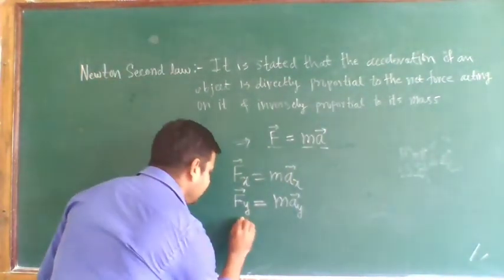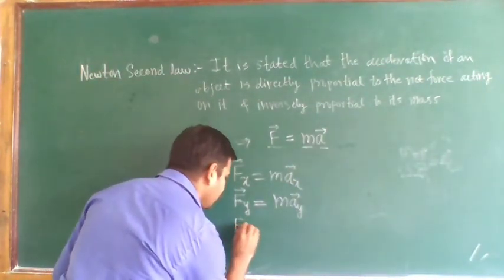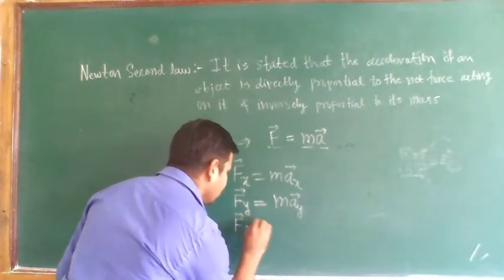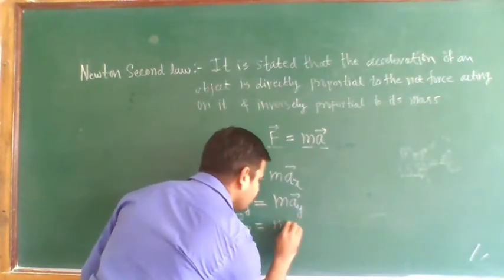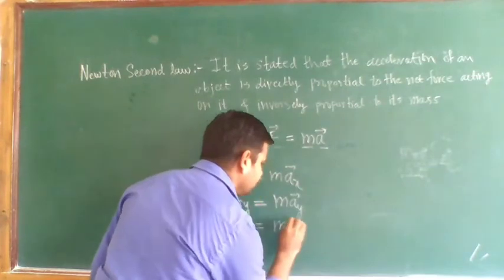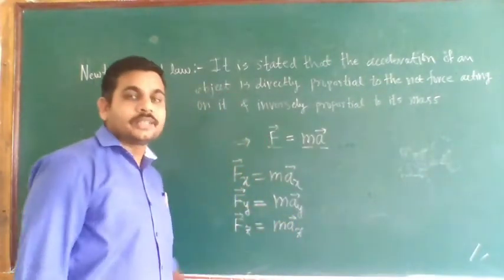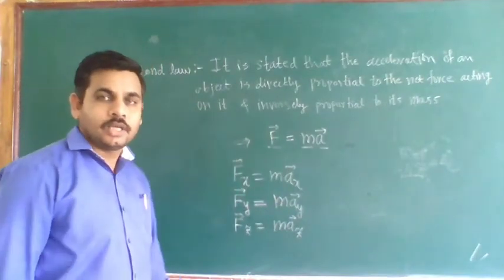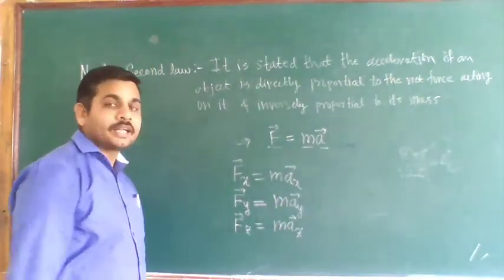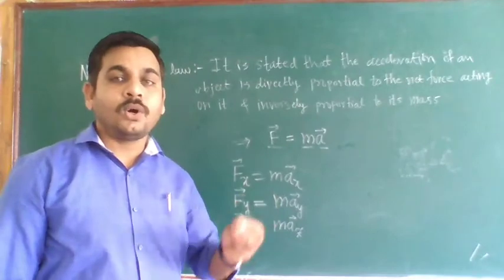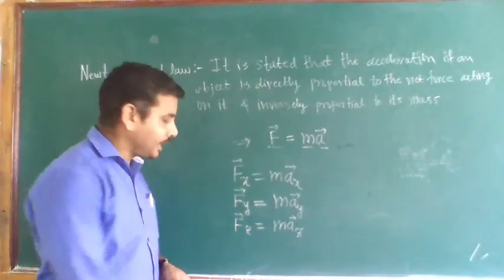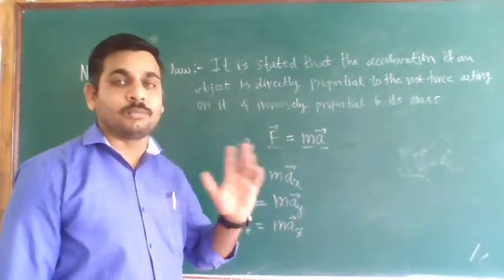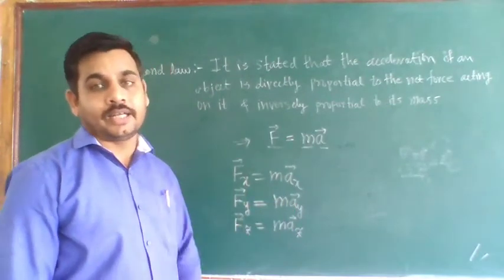And lastly we can say that Fz is equal to m az. So this is the force acting in the z direction, and here also it is the algebraic sum of all the forces acting in your z direction.